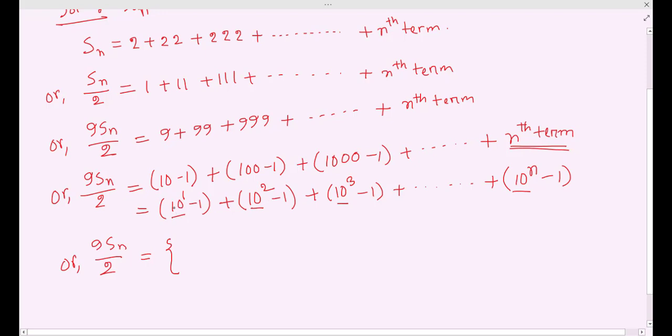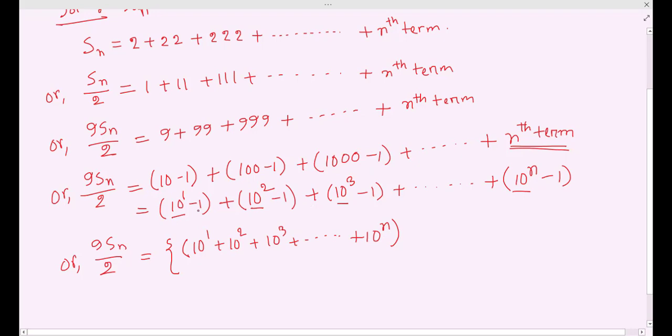Taking only the tens from all the terms, we will get 10 to the power 1 plus 10 to the power 2 plus 10 to the power 3 plus up to 10 to the power n. So this series is 10 plus 10 square plus 10 cube plus up to 10 to the power n.